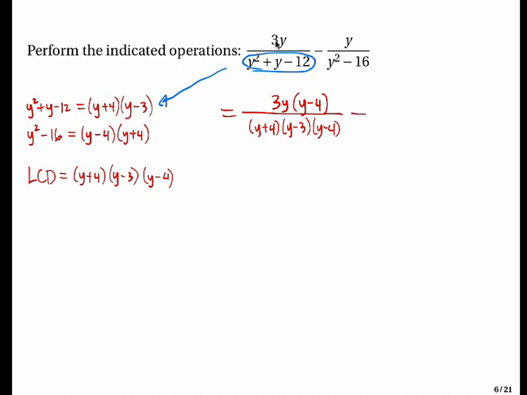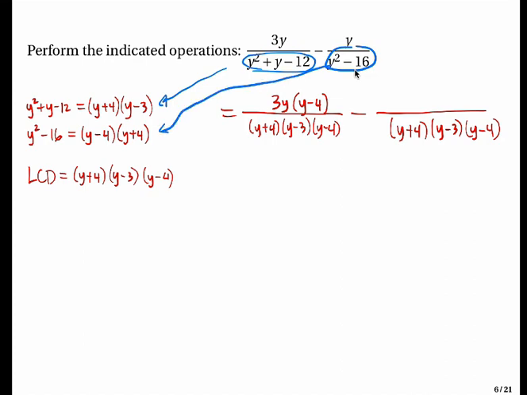And then minus, again, we write the LCD in the denominator: y plus 4, y minus 3, y minus 4, and y squared minus 16, okay? Y squared minus 16 is factored as y minus 4, y plus 4.